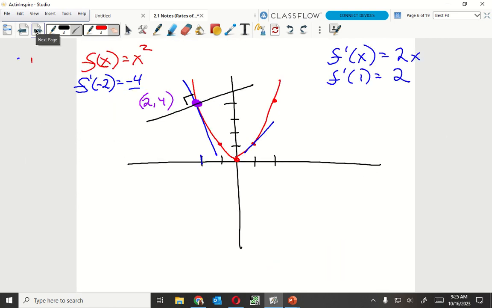The black one here is my normal. The blue one is my tangent. And the red one is my function.